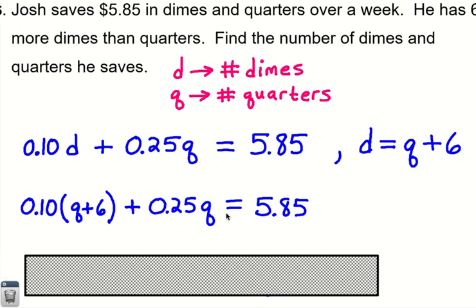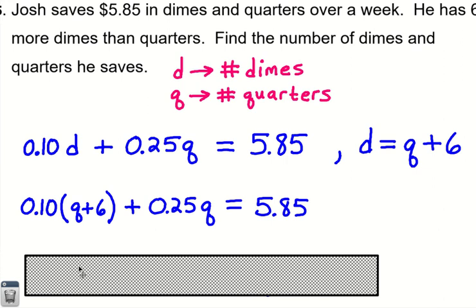And that's essentially what we did with the jeans, the shirt, and the belt problem. We were able to write an equation that only had one variable at a time, because we were able to rewrite the number of dimes as the number of quarters plus or minus or times whatever. And now we take this equation, since it only has Q, we can solve this for Q.